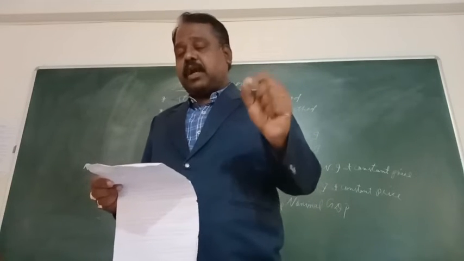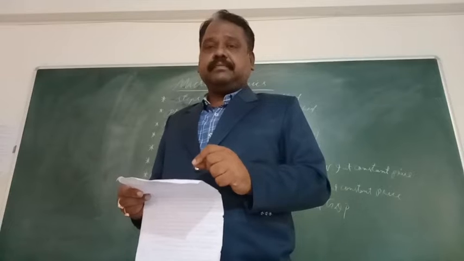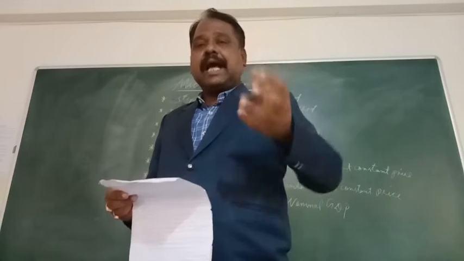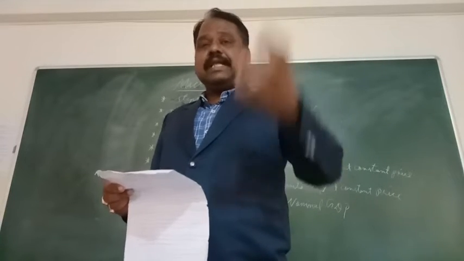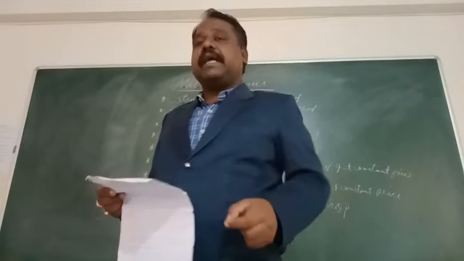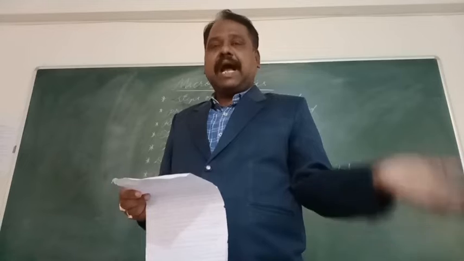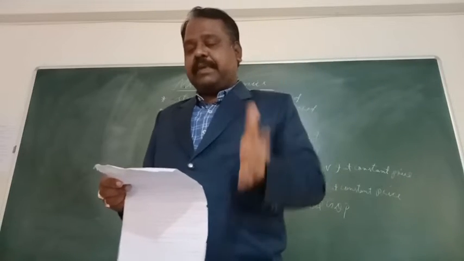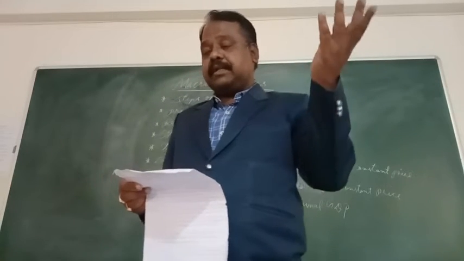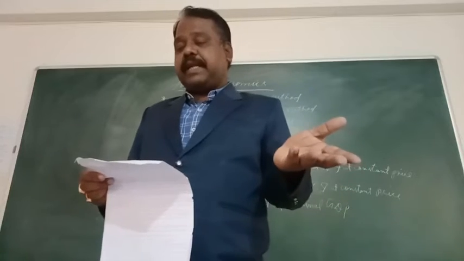Next we have gross domestic capital formation, meaning the addition towards the stock of the economy. Already in the previous video, I defined gross domestic capital formation, government final consumption expenditure, and private final consumption expenditure.